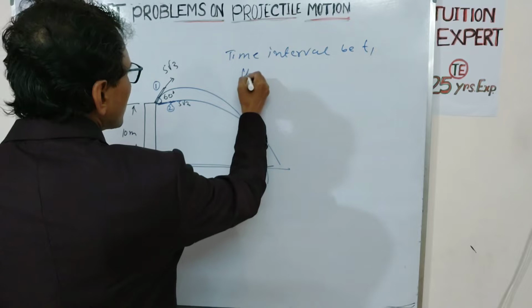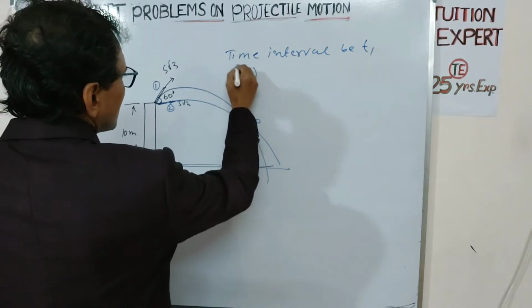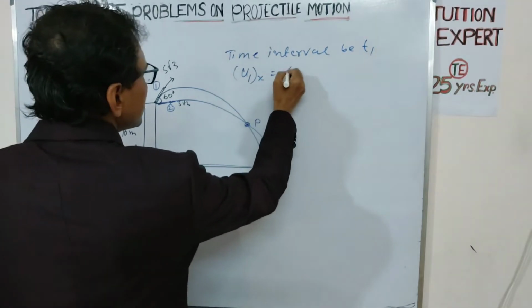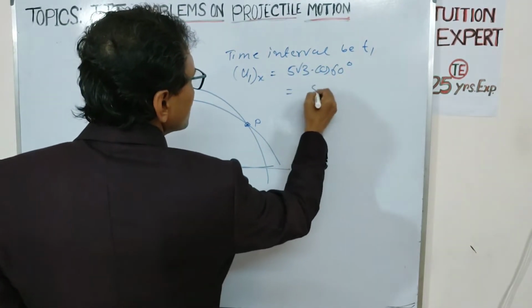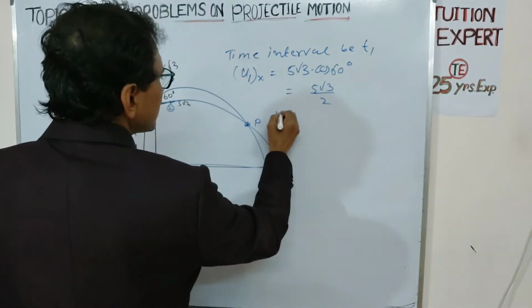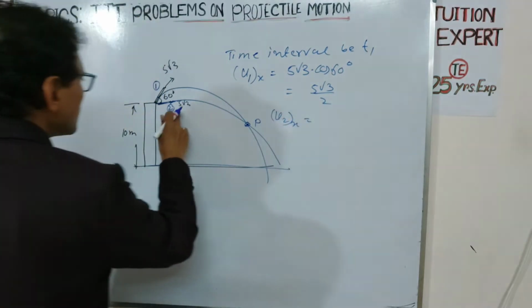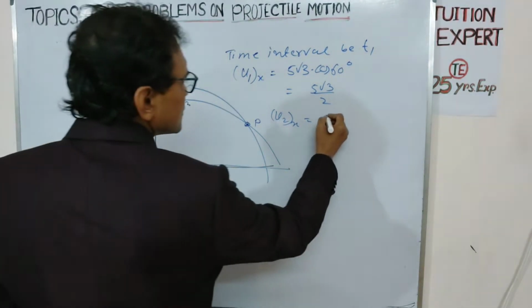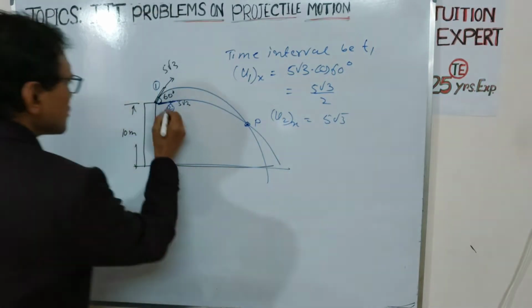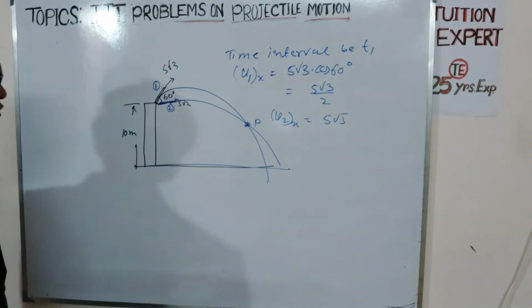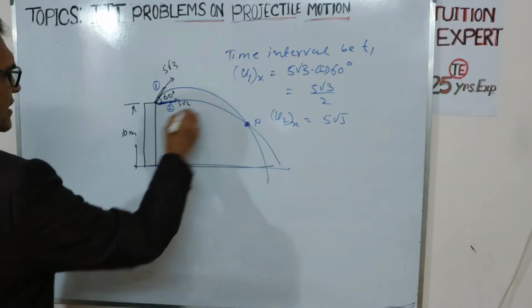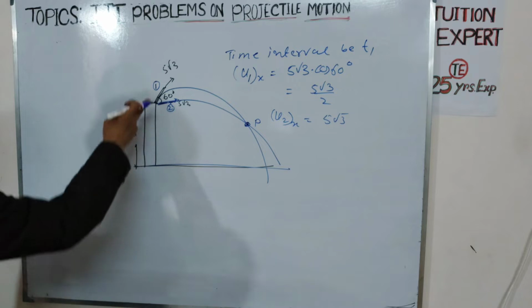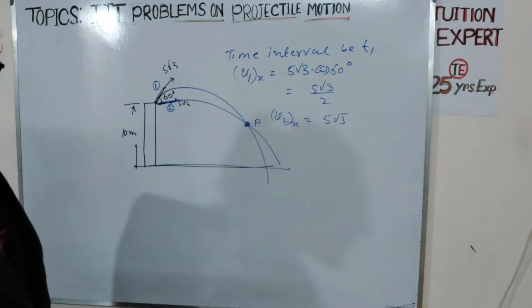Now the horizontal component u1x will be 5√3 cos 60 degree, and the horizontal component of 2 will be 5√3, because this is completely projected horizontally. Now these two meet at the same point at the same time, so this particle should be projected earlier.